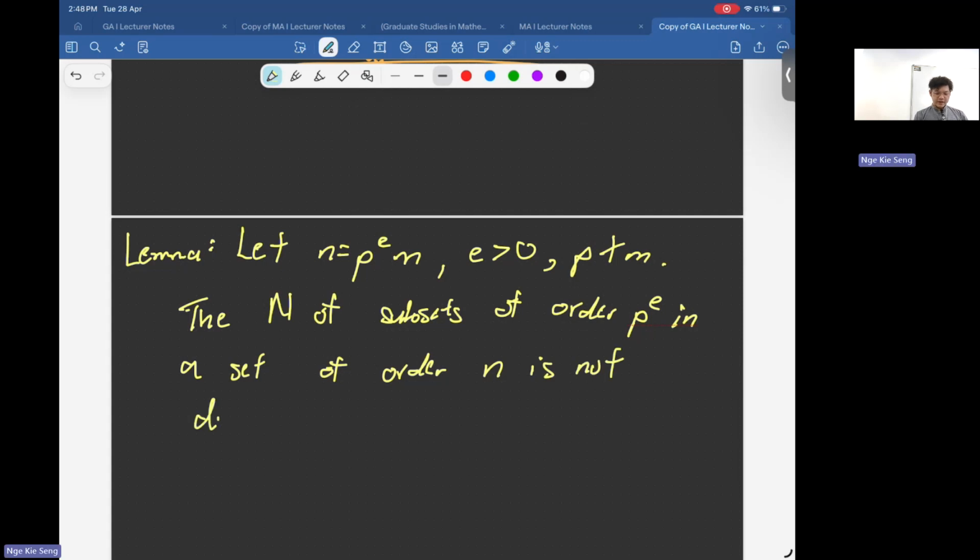Meaning if you consider all the possible subsets of order p to the e, this total number cannot be divisible by p.